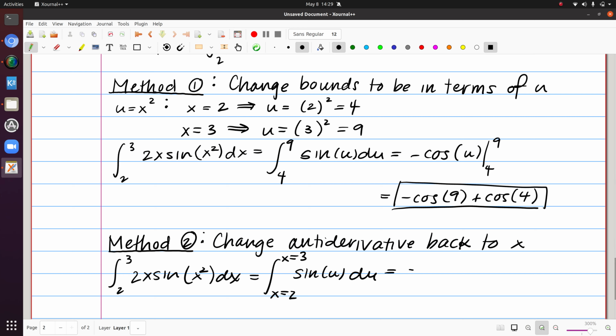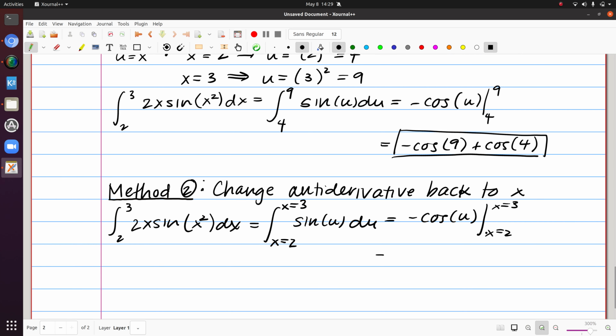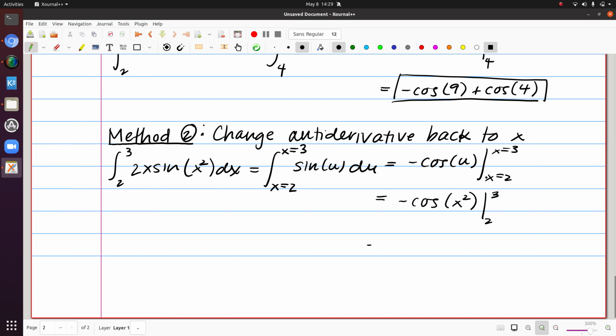So when you anti-differentiate, then instead of having changed these bounds to be in terms of u, we change my antiderivative back to the original variable. And now we can plug in those original x bounds. And notice, importantly, we get the exact same answer that we got above.